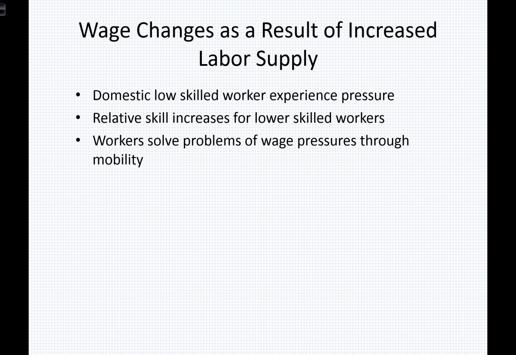If I am of a particular skill set and I live in southern Arizona, where there's a fairly significant amount of immigration, some very definite pressures on the labor market because of in-migration from the south of the border. The cost of mobility, if you're already a citizen of the United States, is relatively low.